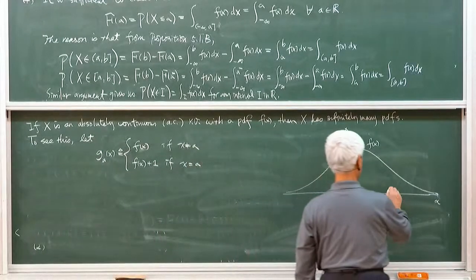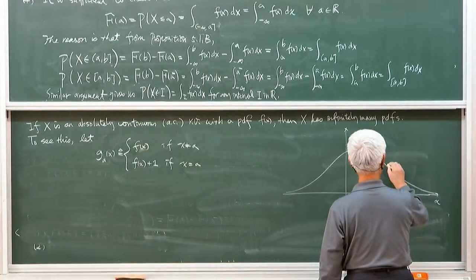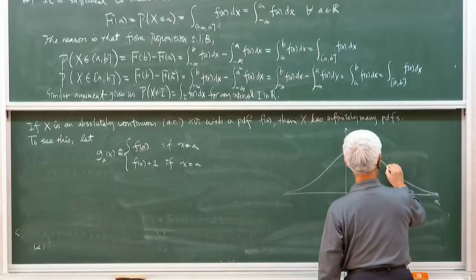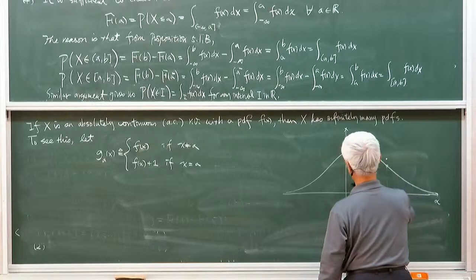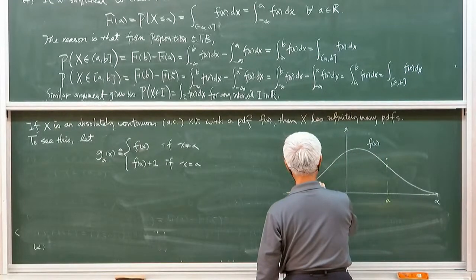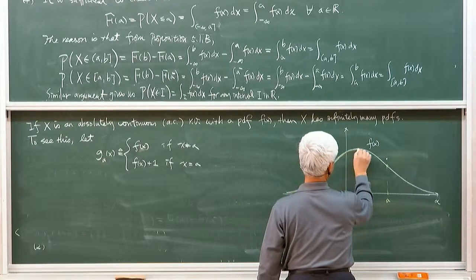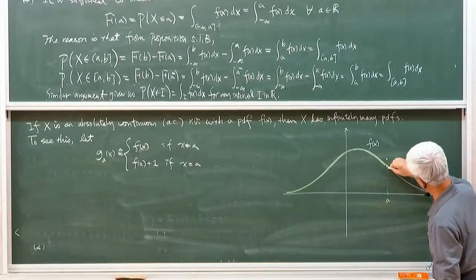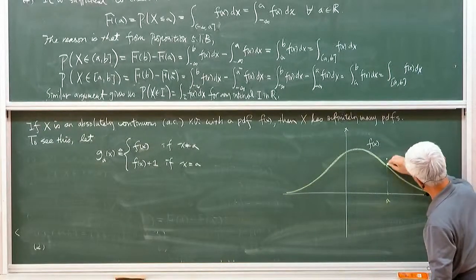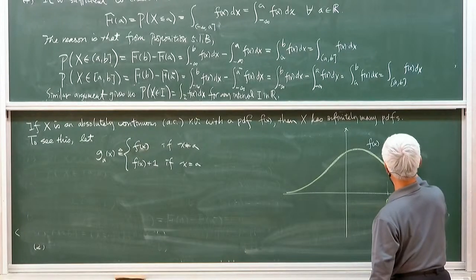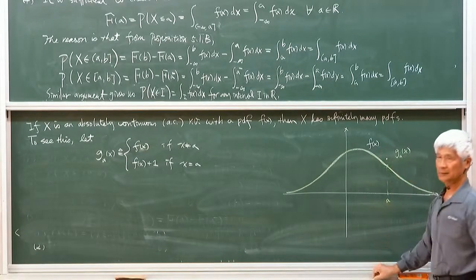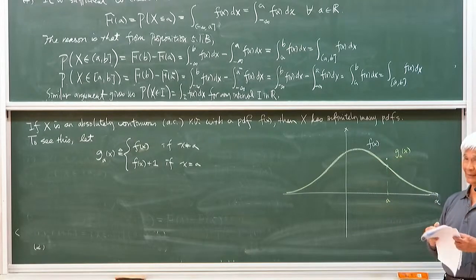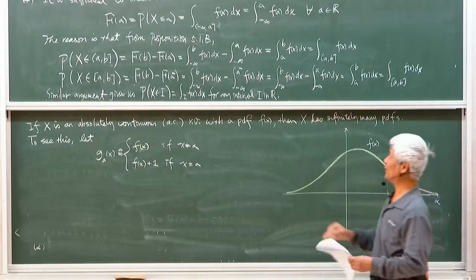Suppose we pick an a here. We add 1. So g of x would be the same, except at x equal to a. So this is g at a. So these two functions are different, at one point here.